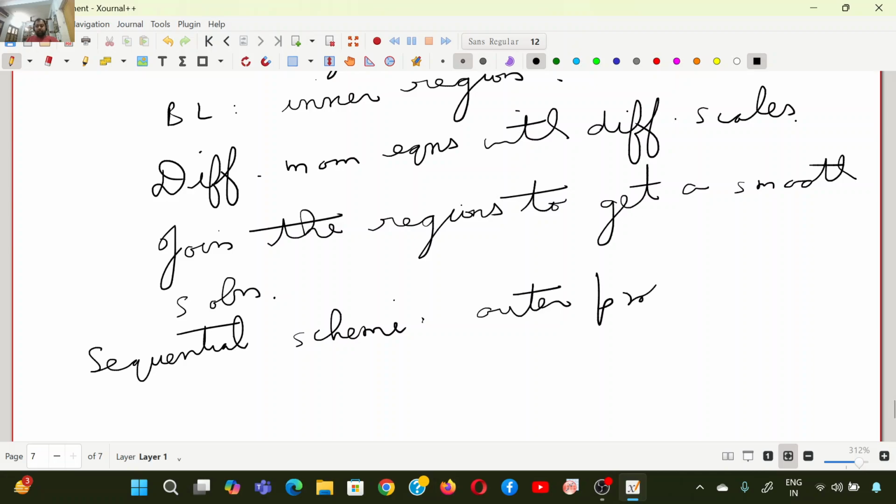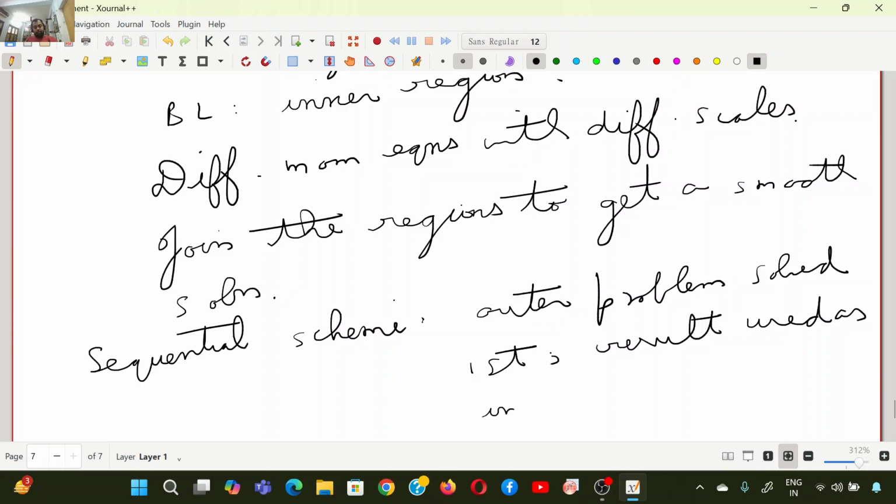We first solve the outer problem, and that result is an input, through the boundary condition, to the boundary layer problem. Yeah, I think I'll wind up the class here.